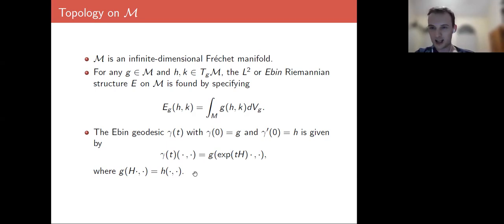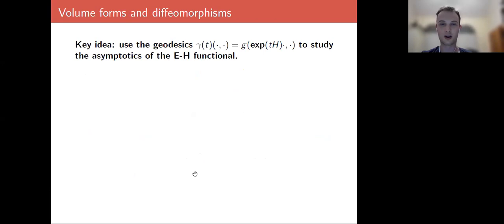All right, so let's take these geodesics and try and apply them to the study of the Einstein-Hilbert functional. Basically, since any Riemannian metric has this form, you can find a geodesic that joins any two Riemannian metrics, I think. And so that means that it suffices to study the Einstein-Hilbert functional by assuming that your metrics have this particular form. So why is this useful to do?